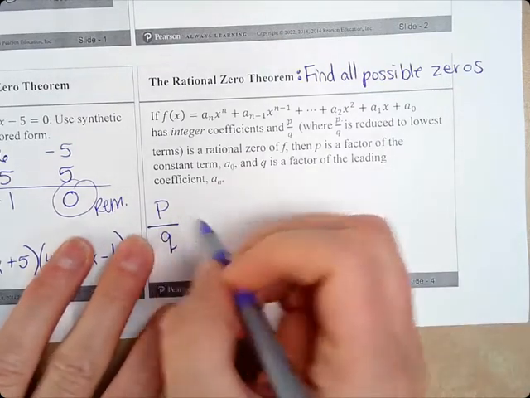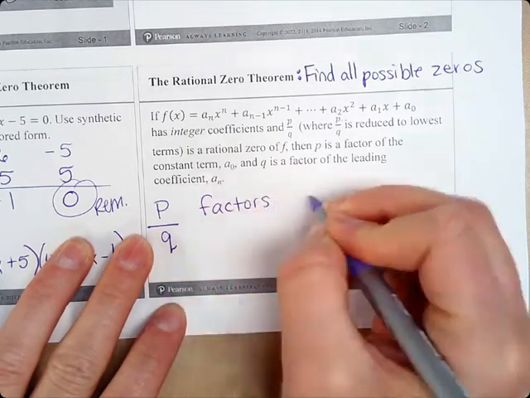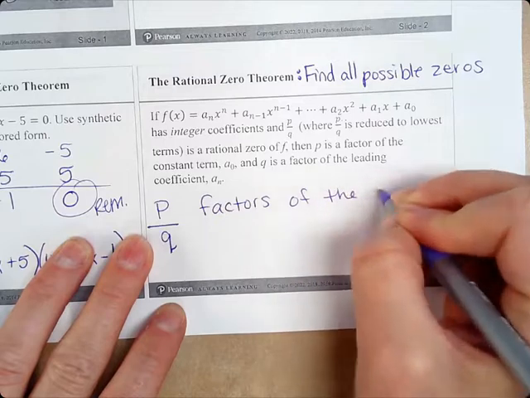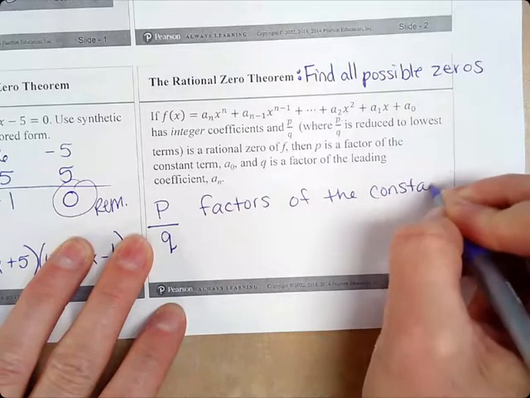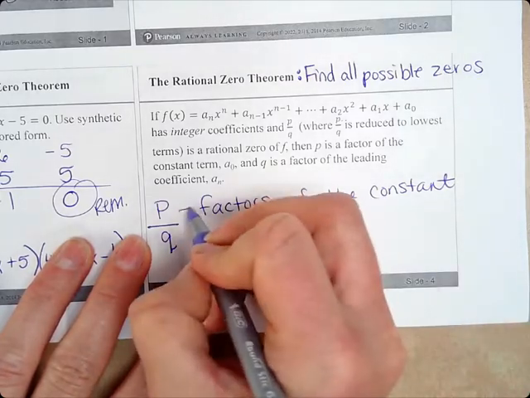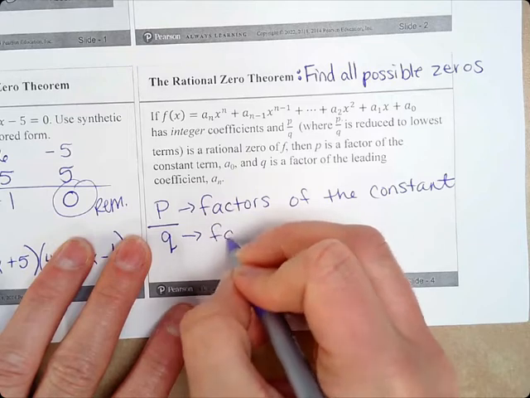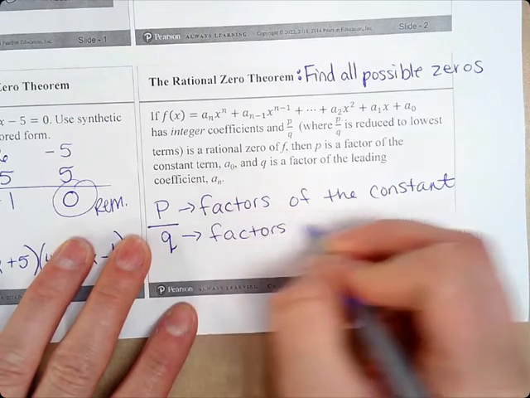P is all the factors of our constant listed out, and q is the factors of our leading coefficient.